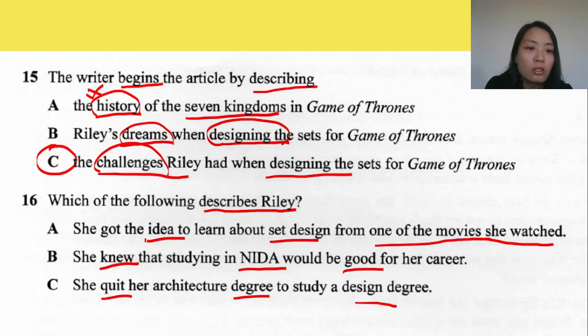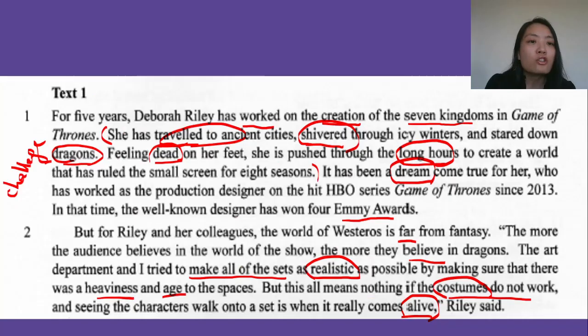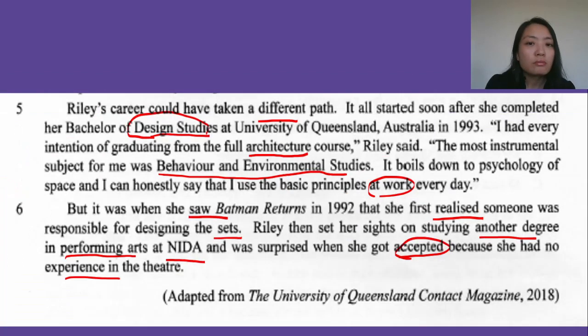So one by one, you check against the text. We go to the part of the text that talks about the movie, NIDA, and how she quit her architecture degree. We can find this all in the last few paragraphs.